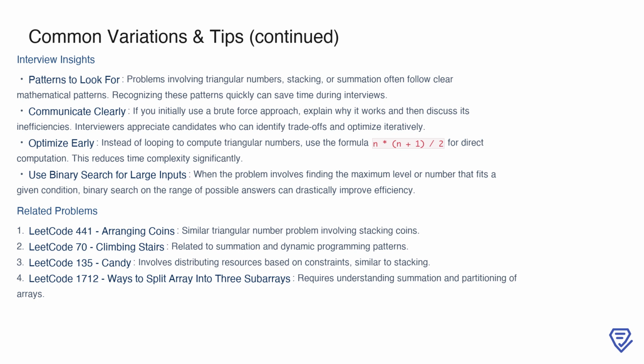Finally, exploring related problems can help deepen your understanding. For example, LeetCode 441, Arranging Coins, involves a similar triangular number concept. Problems like climbing stairs, candy, and ways to split array into 3 subarrays also share themes like summation, constraints, and partitioning, offering valuable practice opportunities.